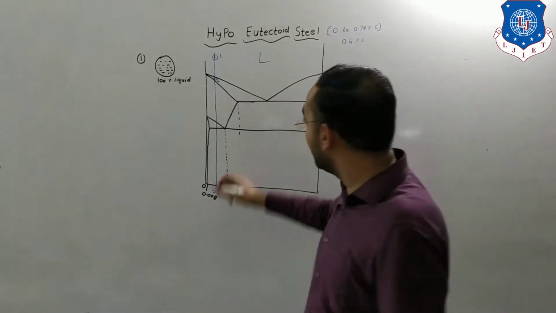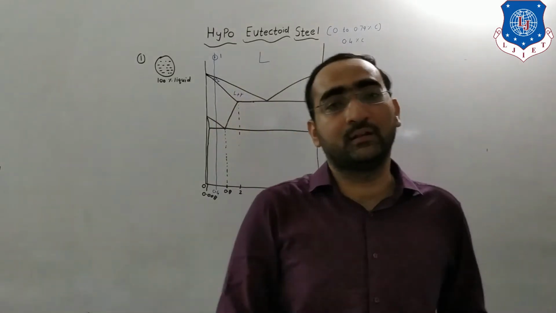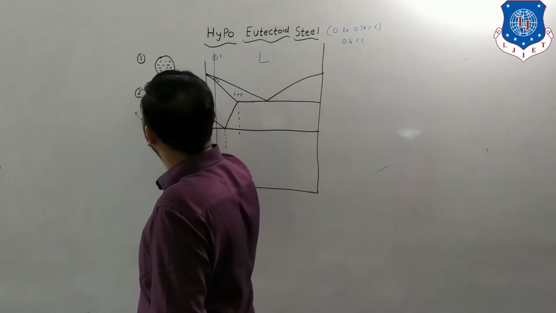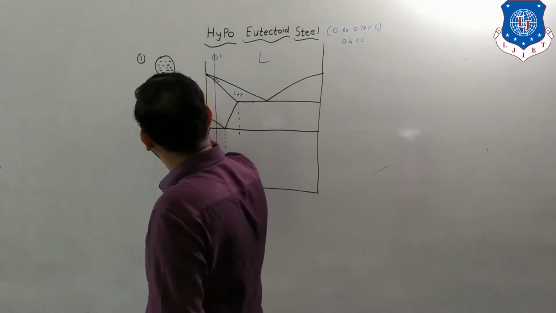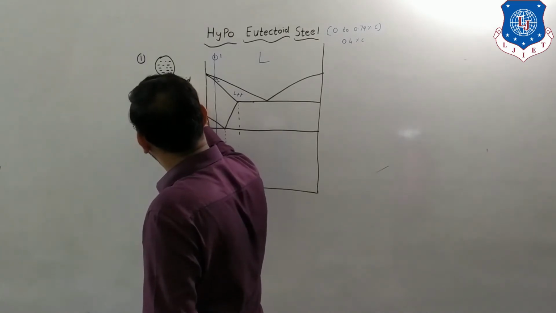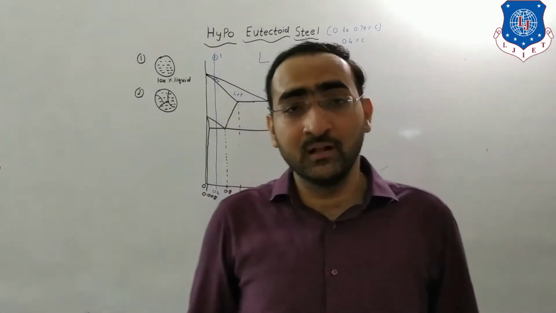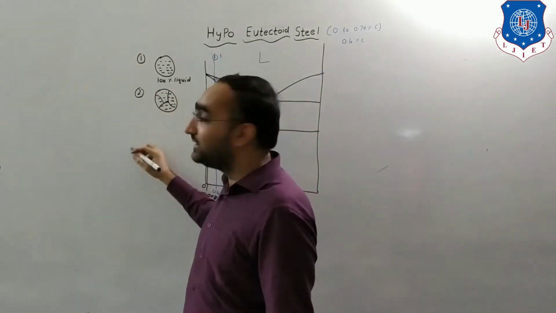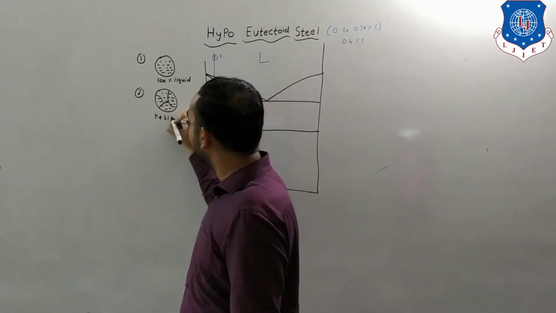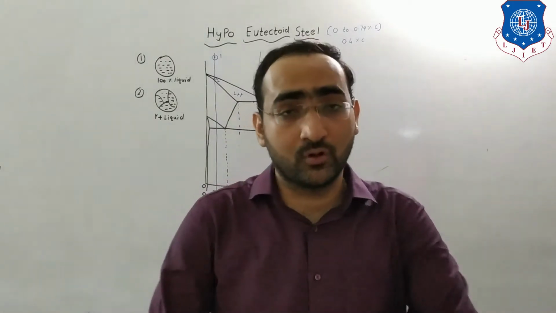This region falls under the liquid plus austenite region. The dashed line indicates the liquid region, and the solidified region indicates the austenite. This is the second phase during the solidification.